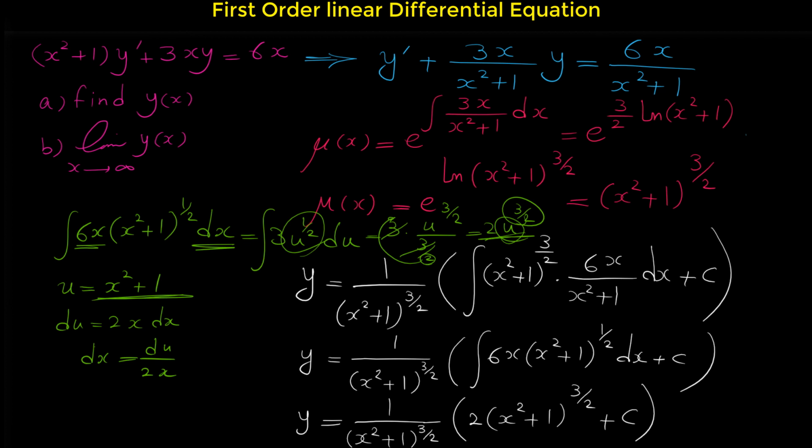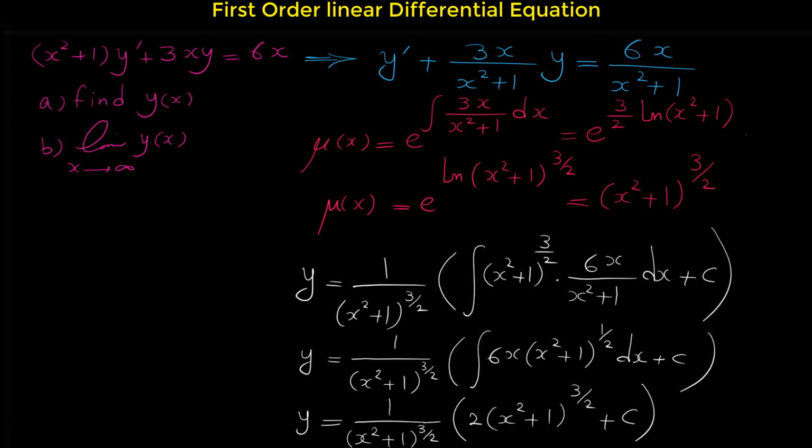So this integral equals this expression. This is how you can calculate this integral. So this is the answer of this given differential equation. This is the general solution of this differential equation.